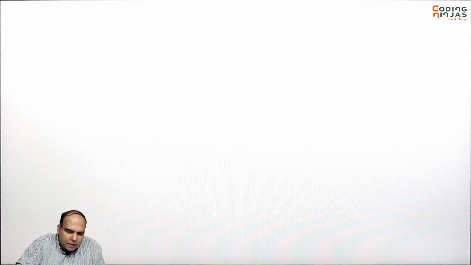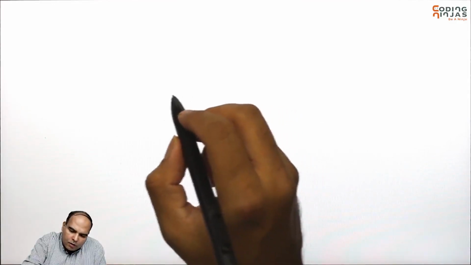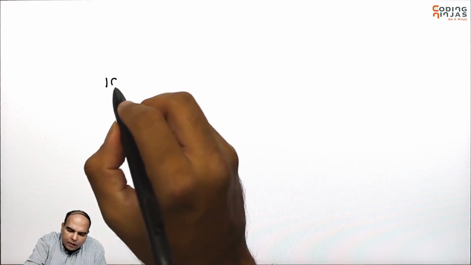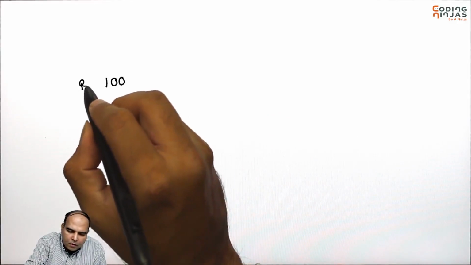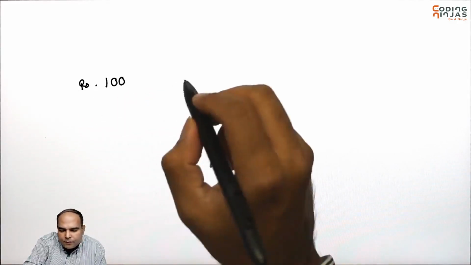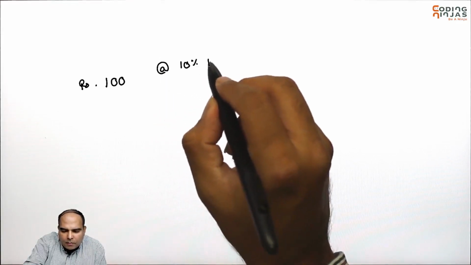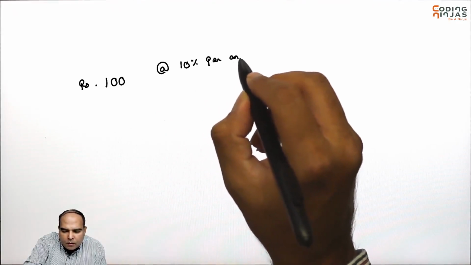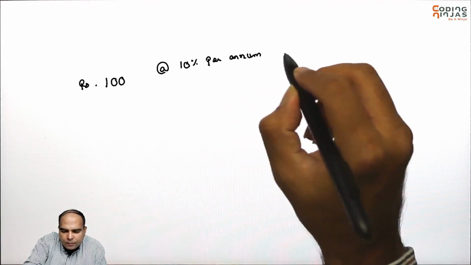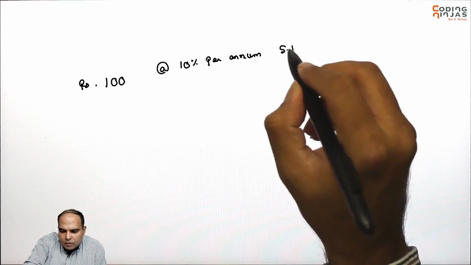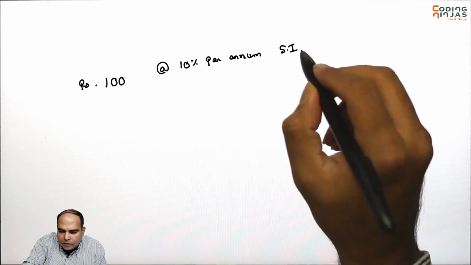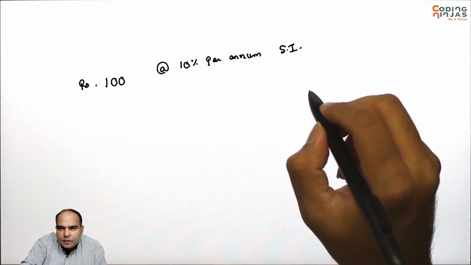And that example is that suppose I talk about investing rupees 100 at 10% per annum simple interest. Rupees 100 is invested at 10% per annum simple interest.